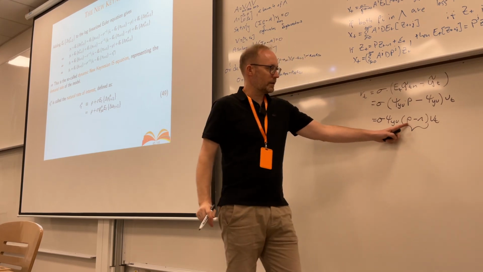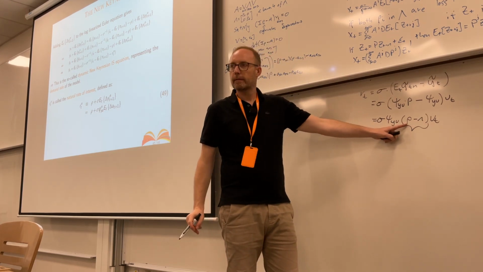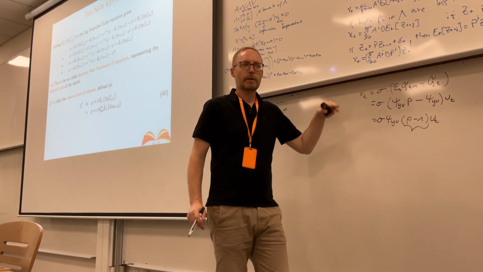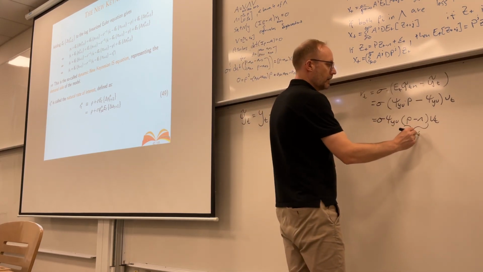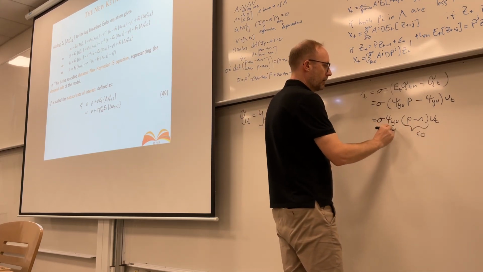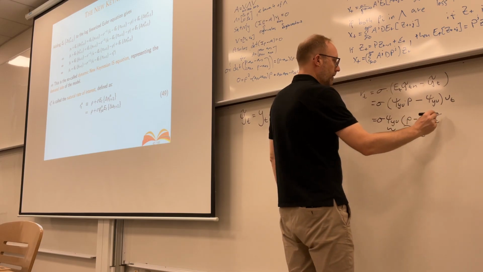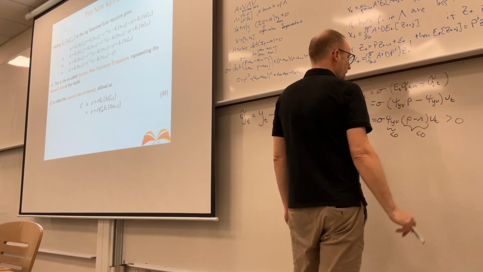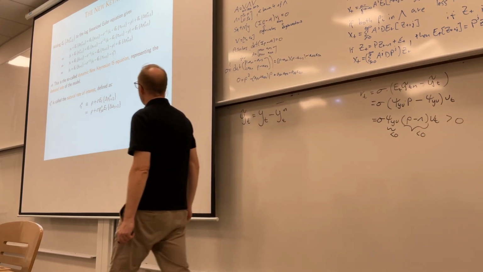The autocorrelation has to be less than 1 for this to be a stable process, we assume. So this is negative. This is also negative. So for a positive shock, that has to be positive.